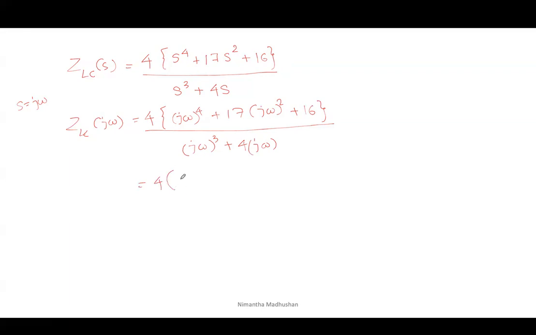The numerator becomes 4 times omega to the 4 minus 17 omega squared plus 16, and the denominator is j times (minus omega cubed plus 4 omega). This is the function when I assign s equals j omega.